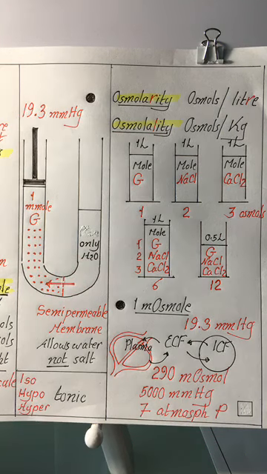Before I say that, I have to explain to you. We said in the beginning of the lecture that the osmolality of the body fluids is 290 milliosmoles. Now you know how they calculated this.